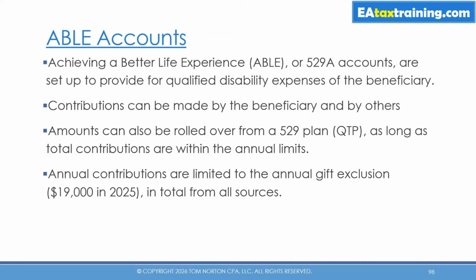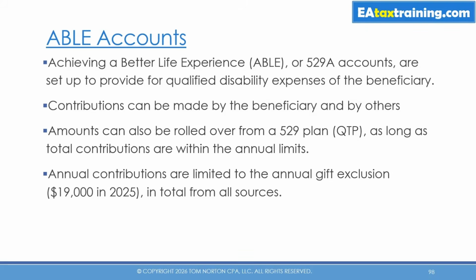So you may have had a 529 plan set up for this beneficiary when they were young, and then unfortunately that beneficiary became disabled. So you may not be using those funds to pay for higher education, but you can roll those over into this ABLE account.